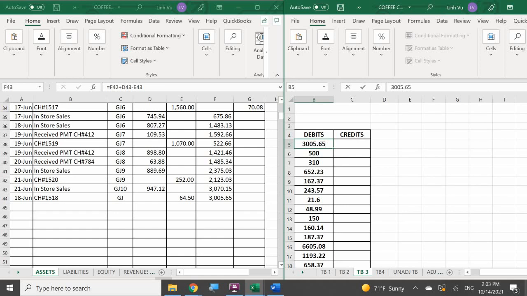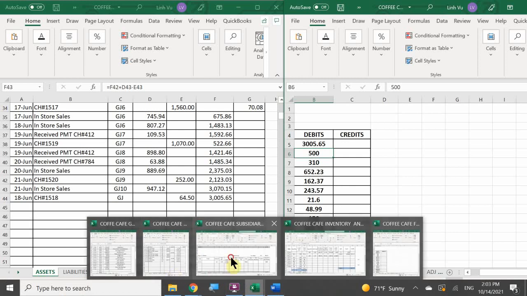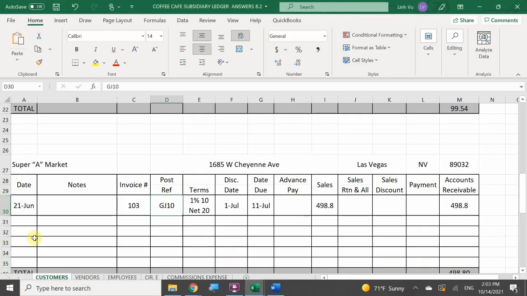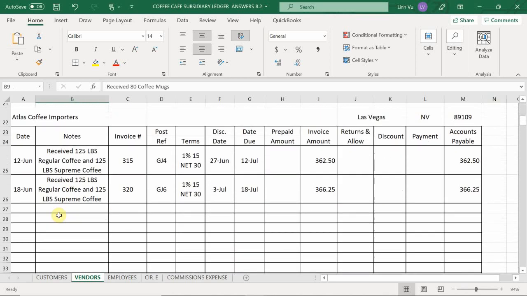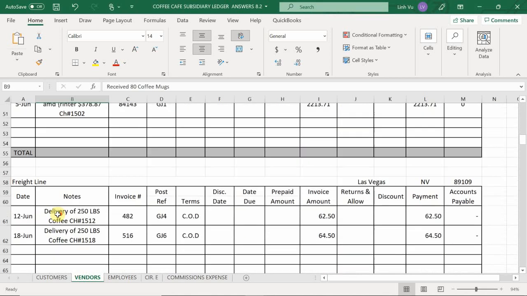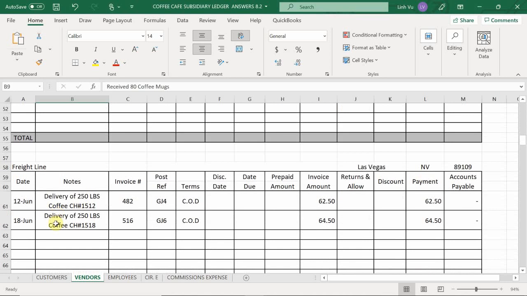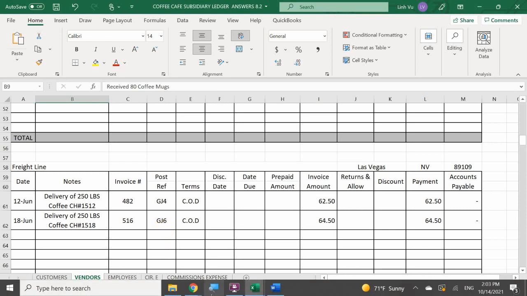Price was 200. Oh, let's check our subsidiary ledger, right? Yeah, we put it on the regular coffee and yes, we divide. Yeah, we paid 64.50. Yep, it says right here. General journal, page 6. It's supposed to be on page 6.